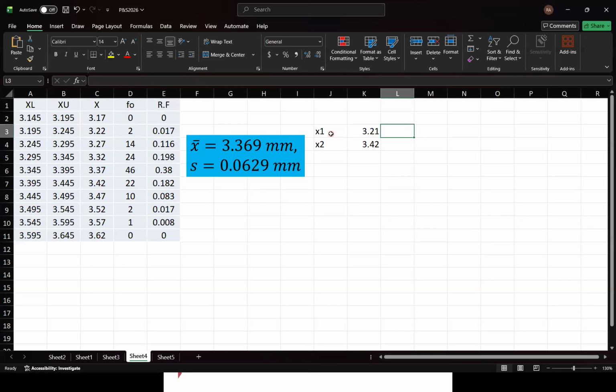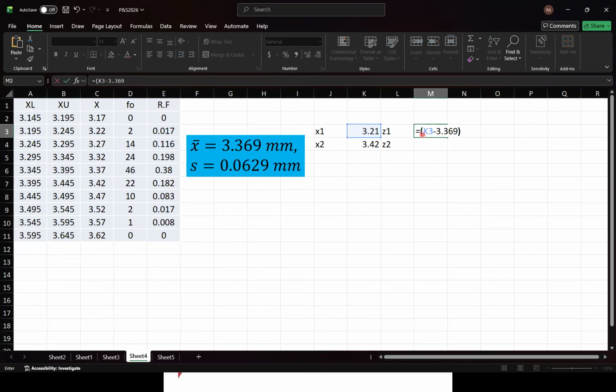I have to calculate the corresponding z values, z1 and z2. For x1, it will be equal to the x value minus the mu value, 3.369, divided by 0.0629, which is the standard deviation value. So it's a negative value.